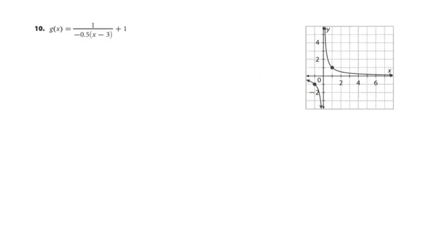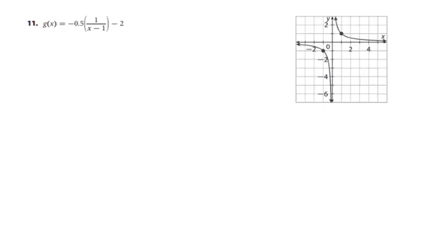Okay, let's go on to our last one we're going to do in this exercise set, which is 11. And we have A is equal to -1/2. What we're going to do is take, we have x minus 1. So our vertical asymptote is going to occur here at x equals 1.